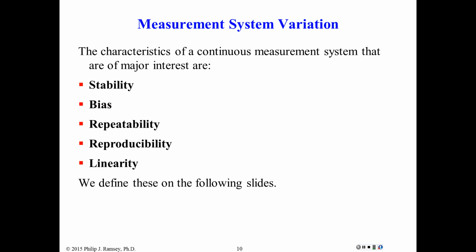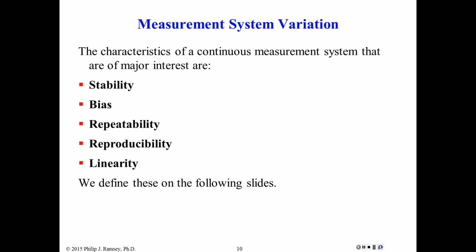Reproducibility, similarly, is a type of noise, but this is the amount of variation that I see if I take the same units and measure them repeatedly, but I may have different gauges, or different operators measure them. So the total variation I observe over multiple operators or gauges is thought of as reproducibility. So the fundamental measures of precision are repeatability and reproducibility.